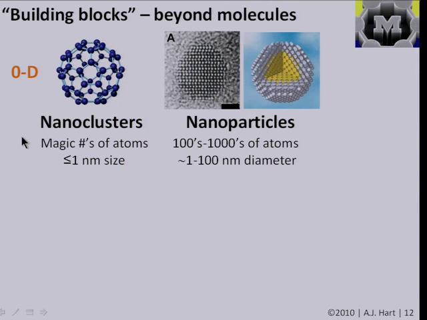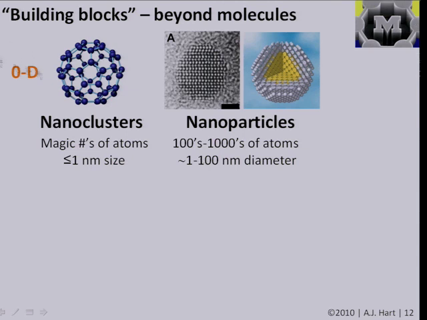Now, if we take the same size and go up a bit, we're beyond this idea of magic numbers, or we're in a range where you could still apply this magic number theory, but the numerical spacing between the numbers will have a negligible effect on size. We get into the nanoparticle range, where we have, you could say, hundreds to thousands of atoms, and the diameter is, say, 1 to 100 nanometers, just as loose boundaries.